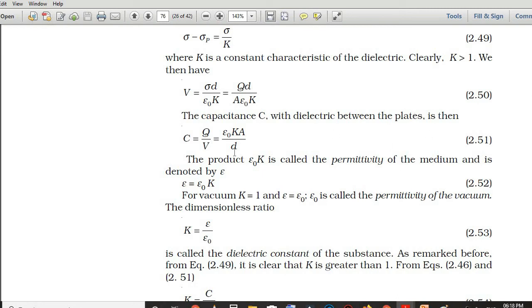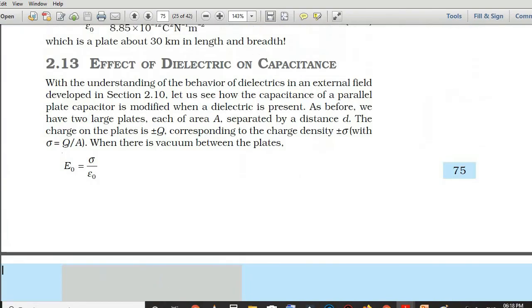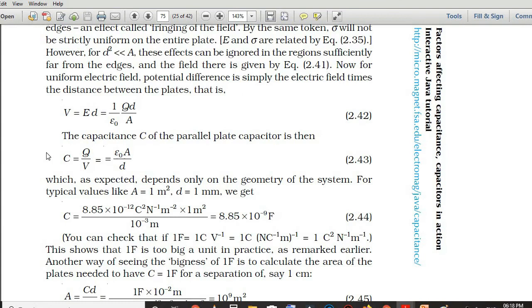Okay. Thus, if we substitute epsilon for epsilon 0 into K, then our equation will become C is equal to epsilon A divided by D. What did we study in the previous case? In the previous case we studied C is equal to epsilon 0 A divided by D. That is the equation for the capacitance of the capacitor. But this should be written as C0 if there is no dielectric medium. C0 means capacitance of the capacitor if there is no dielectric medium.